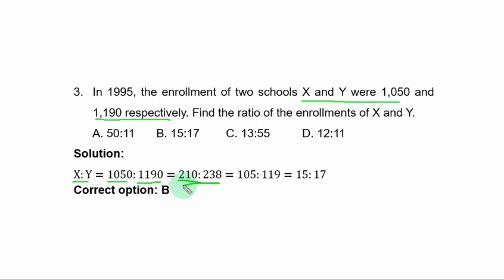At this point, 2 can divide through and you have this. From here, you divide through by, okay, let's check. If you check very well from this point, 7 can divide and you have 15 ratio 17 in lowest form. B is the correct option.